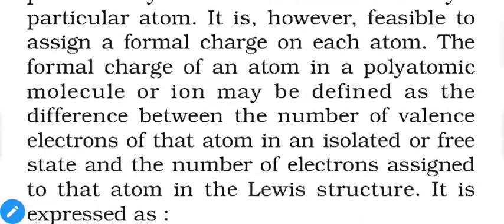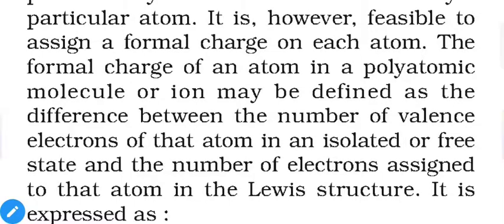The formal charge of an atom in a polyatomic molecule or ion may be defined as the difference between the number of valence electrons of that atom in the isolated or free state and the number of electrons assigned to that atom in the Lewis structure.